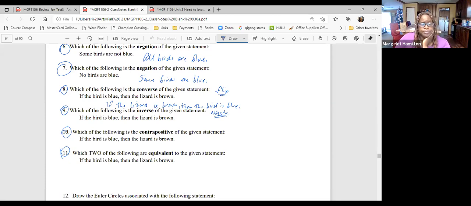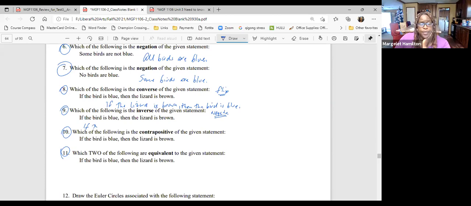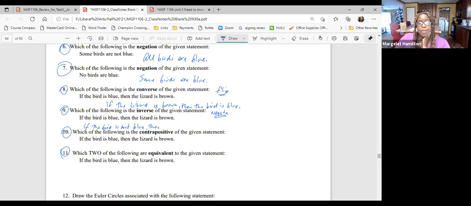So if what? Not blue. So if the bird is not blue, then the lizard isn't brown. So the lizard is not brown.